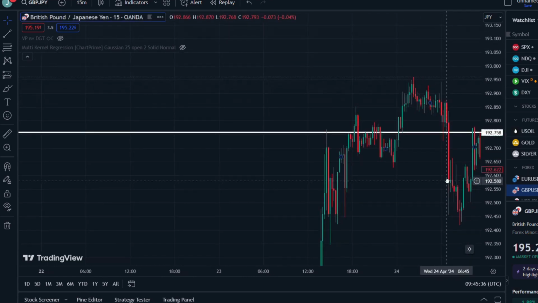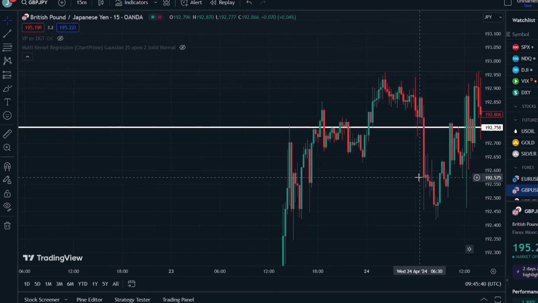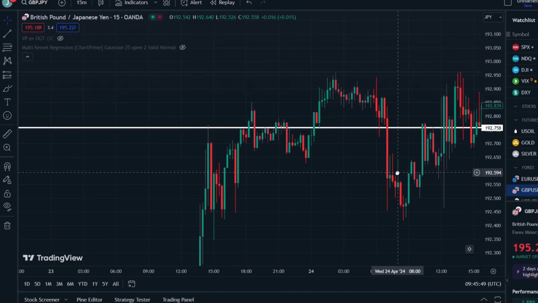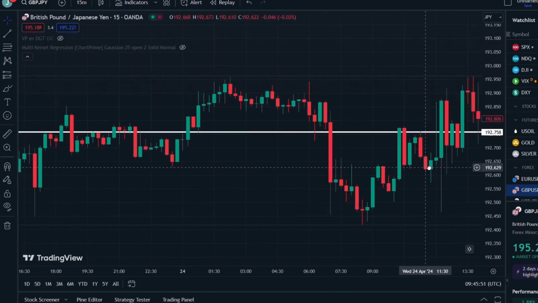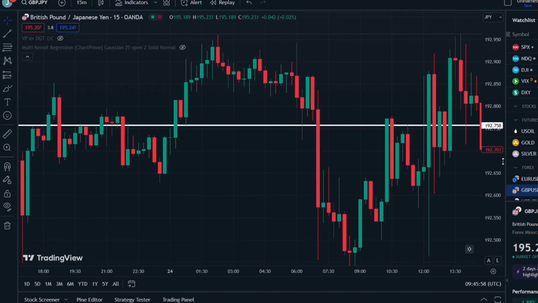As we can see, the more times the price has touched this level, the more helpful it is for us to understand that it's a stronger level than others. Here the price again touched and went back, so the price has some struggle on this currency.